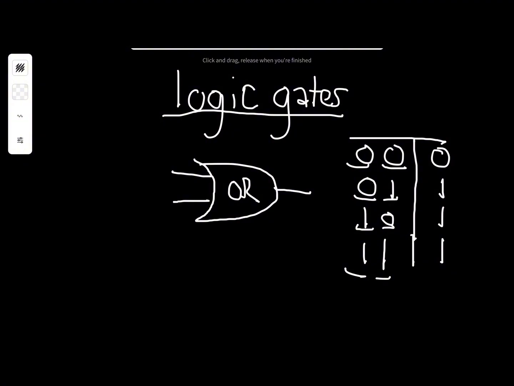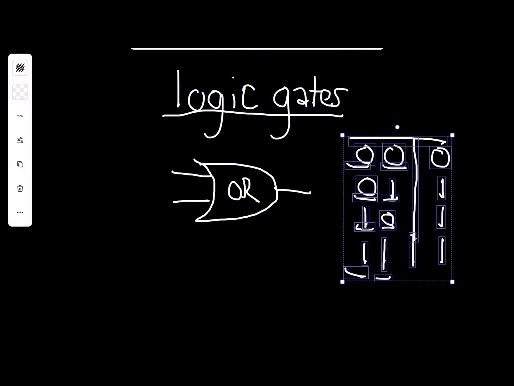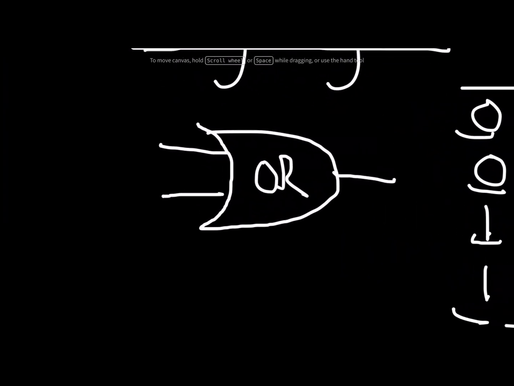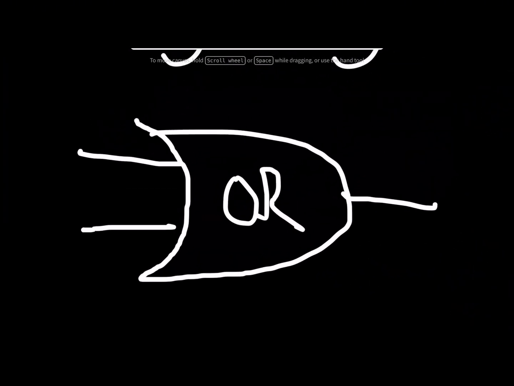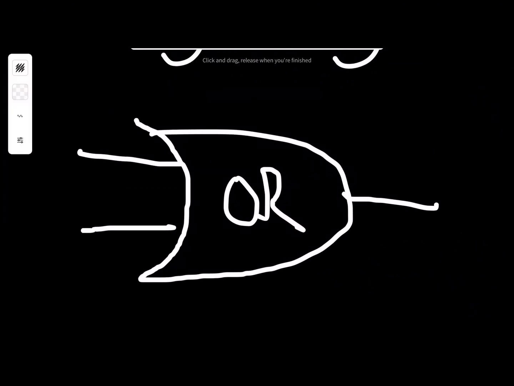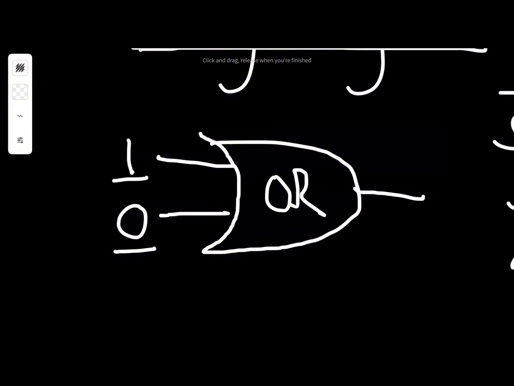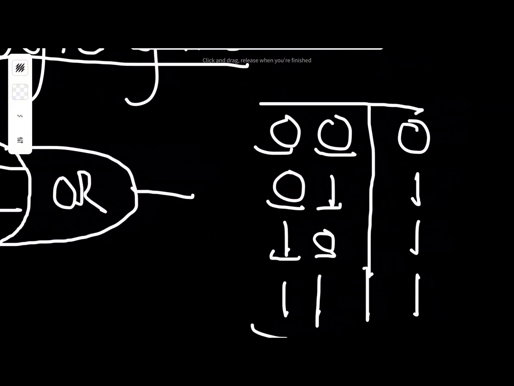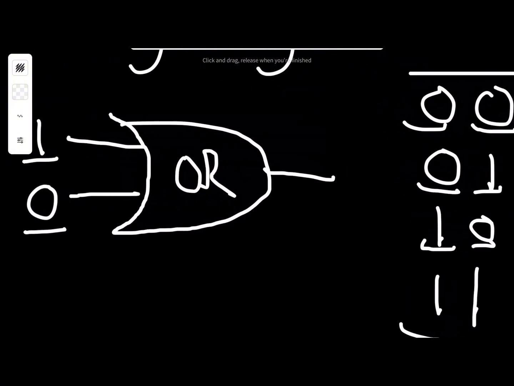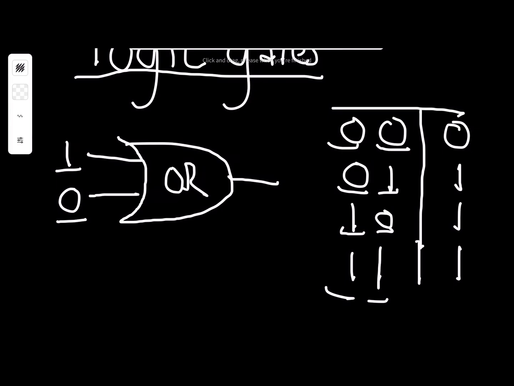But let's see this in action. Using this truth table, we're going to zoom in on this OR gate. Let's say that we have something that's powered on and something that's powered off. An electrical signal, no electrical signal. And we run that through an OR gate. Well, let's look at our truth table. The 1 always wins against the 0.